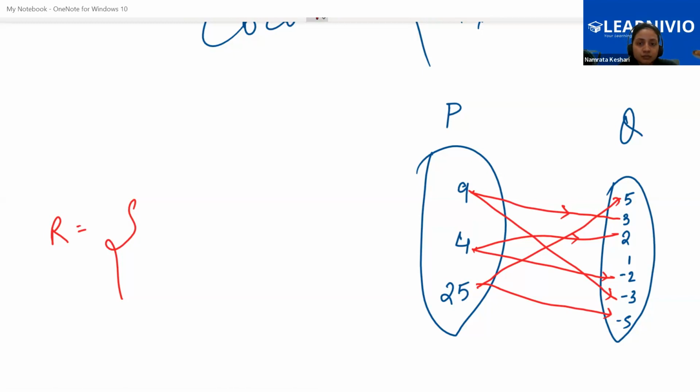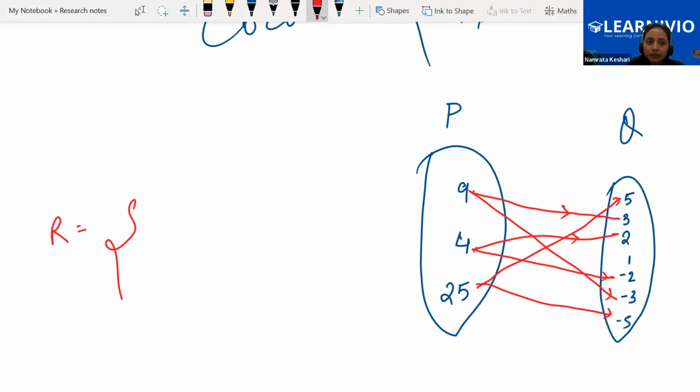x is the square of y. Wait, let me write. Set of all ordered pairs (x, y) such that x is the square of y.